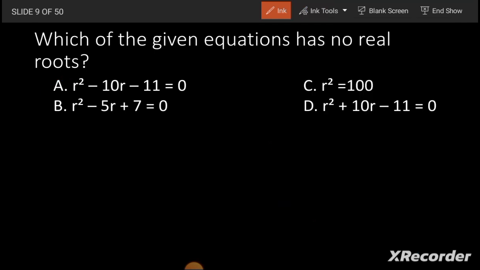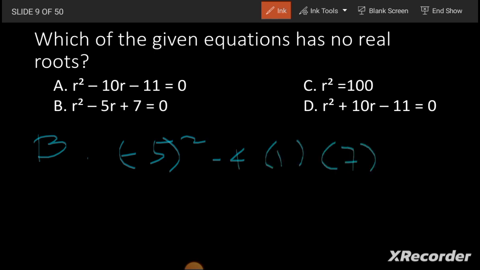So let's try another. Let's try letter B. Negative 5 squared minus 4, a is 1 and c is 7. Negative 5 squared is 25, minus 28.